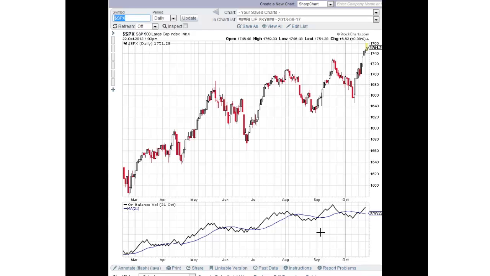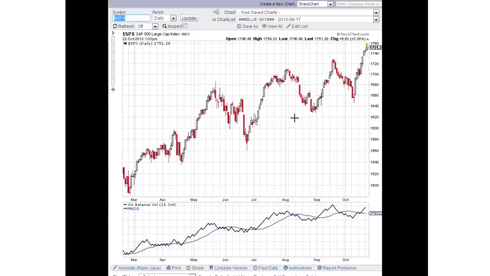So sometimes price will rise out of a period of consolidation or above a previous resistance point, but on-balance volume is trailing behind for whatever reason. It just means that you don't have as many buyers supporting the breakout move as you had sellers during the previous pullback or during the previous period of consolidation. And that's not a confirming trend of the bullish breakout. So I use on-balance volume to confirm breakouts.